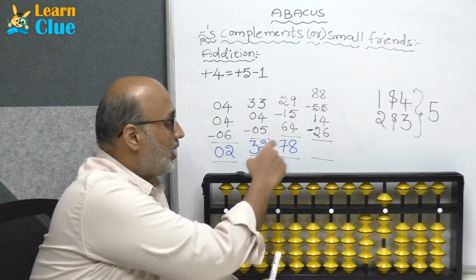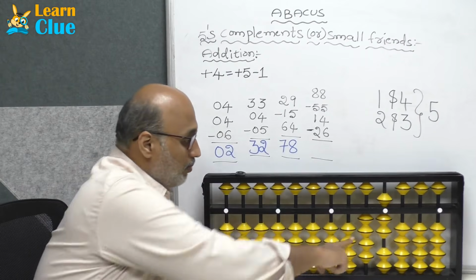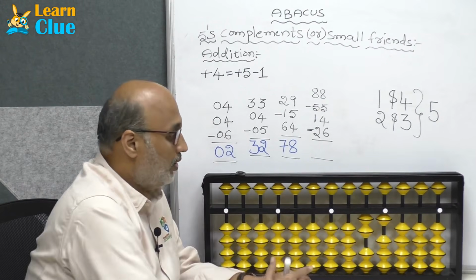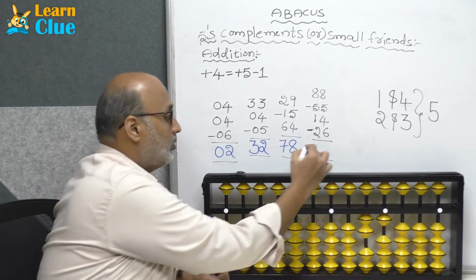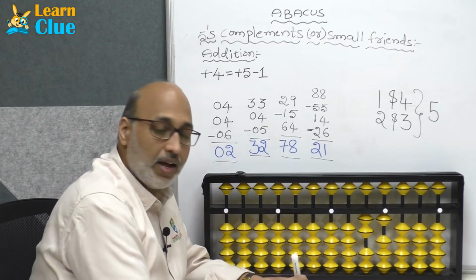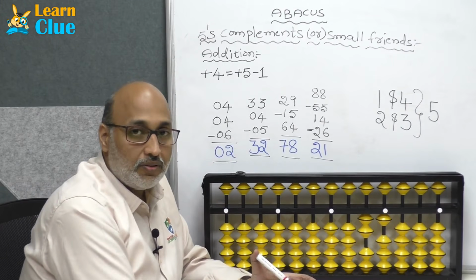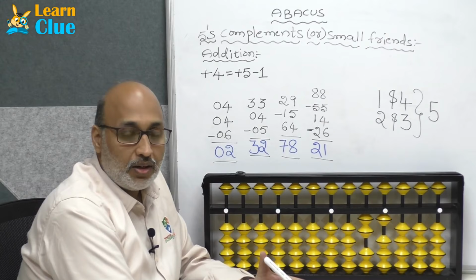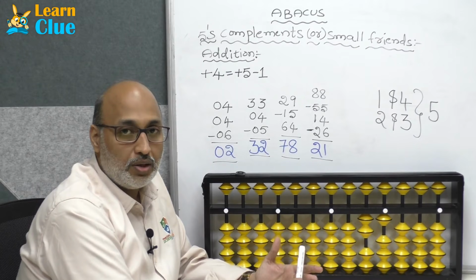Okay. Now they are asking minus 26. Minus 20 minus 6. So now tell me the answer. Answer is 21. Okay.